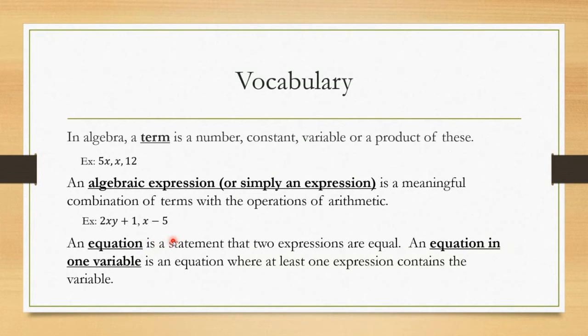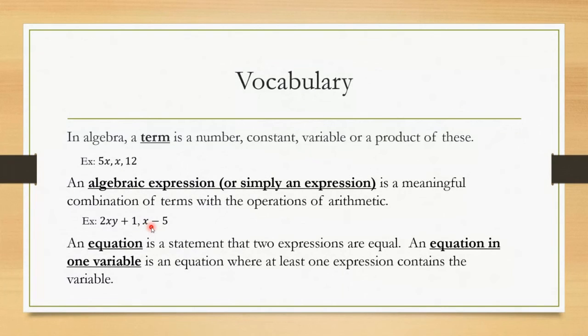An equation in one variable is when at least one of the expressions has the one variable, and there's only one variable, so you're not going to have something like 2xy plus 1. And you're not going to have x on one side and y on the other. You can only have one variable.